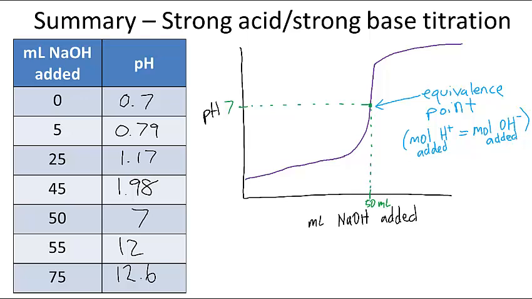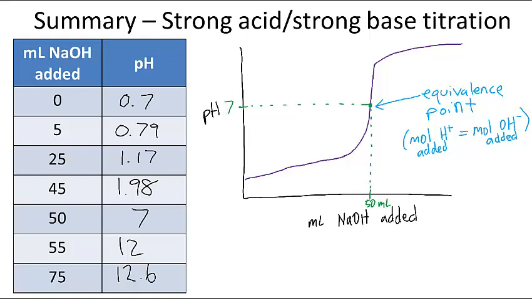All right, good question. The question was, does the equivalence point always have to have a pH of 7? Well, when you have a strong acid and a strong base, you have these two armies that are both strong. When you've added equivalent numbers of ions on each side, they will always fight to a draw.